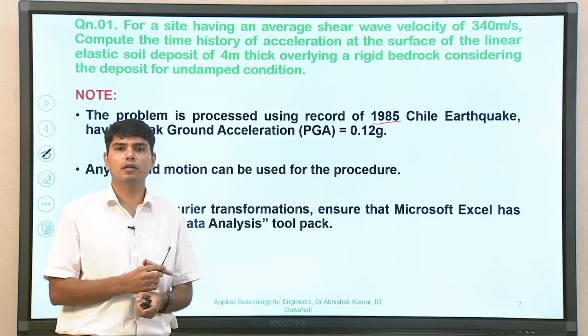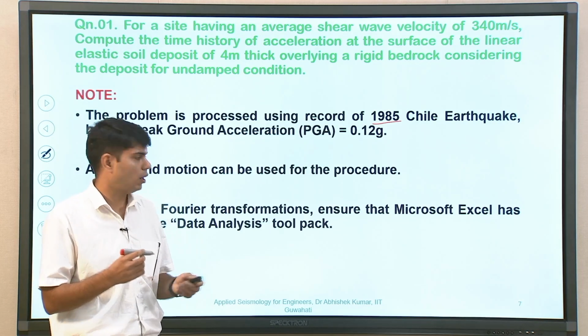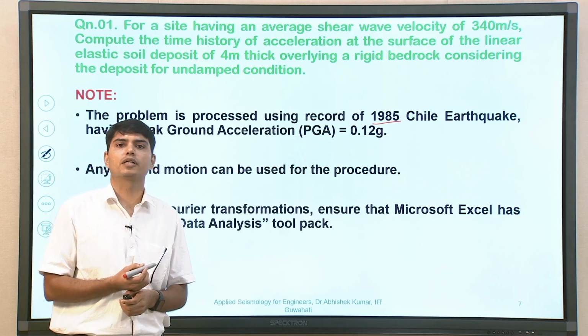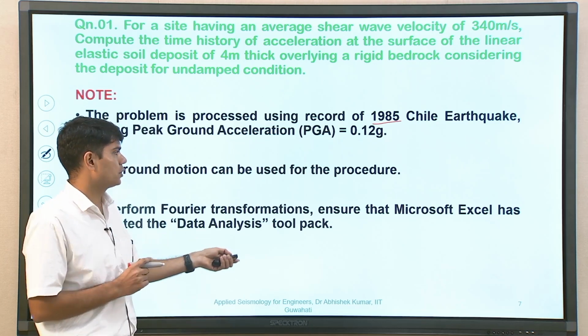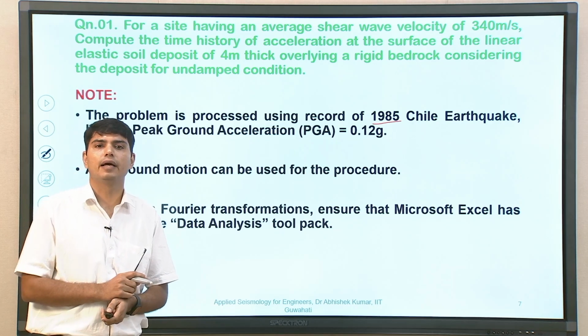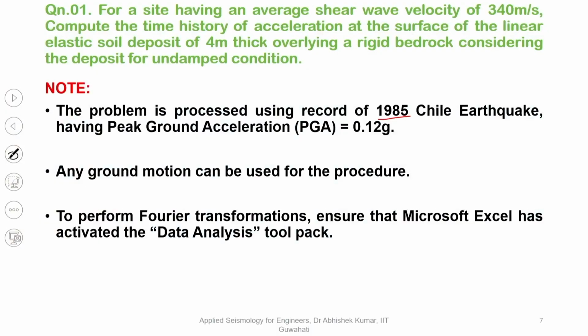Here I will be using the Excel tool to determine how the fast Fourier transformation will be done. So, to do that, ensure that Microsoft Excel has data analysis activated. If you go to the data analysis option, you have to activate that, then only this particular option for Fourier transformation you can use.